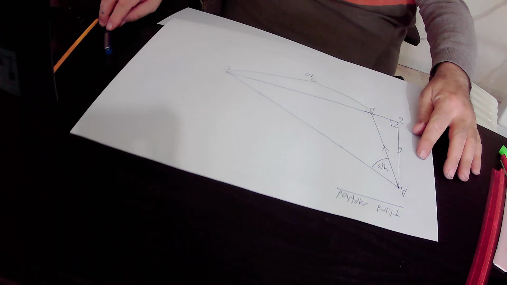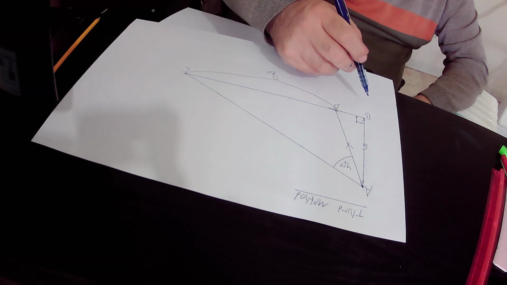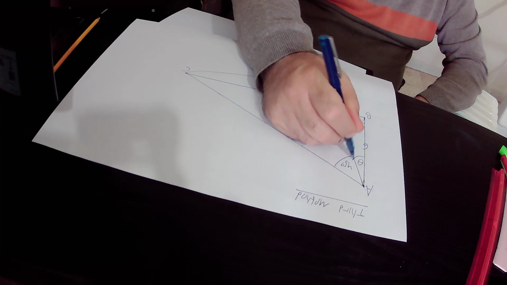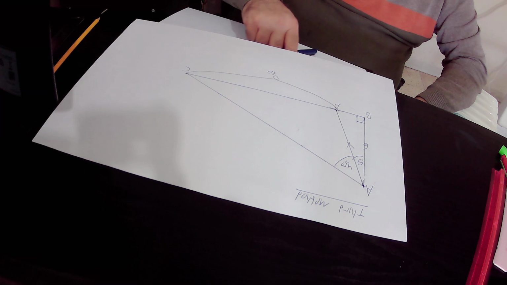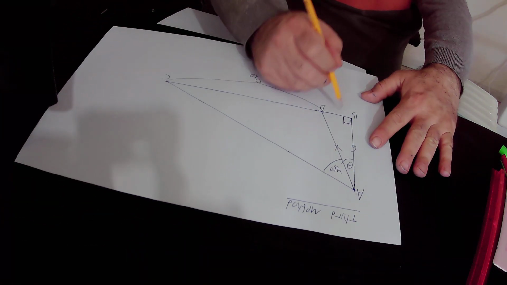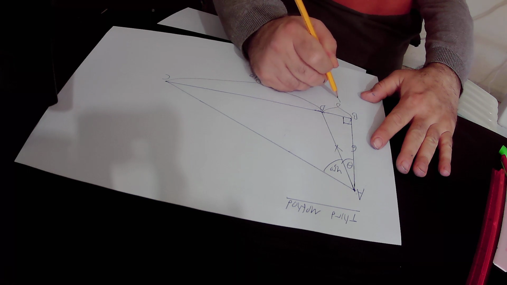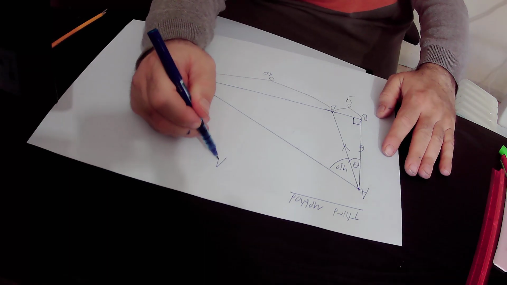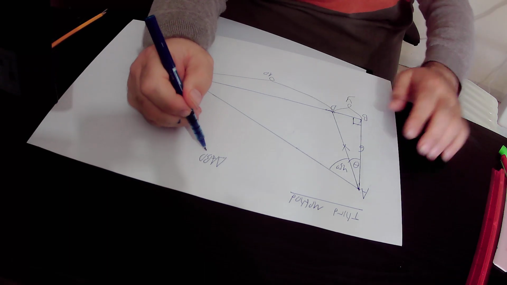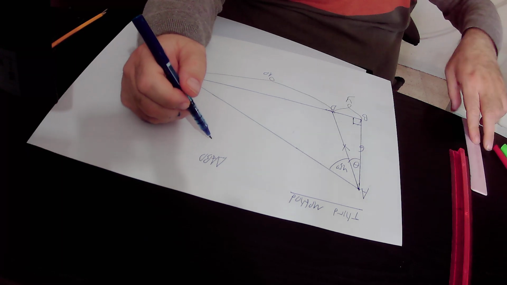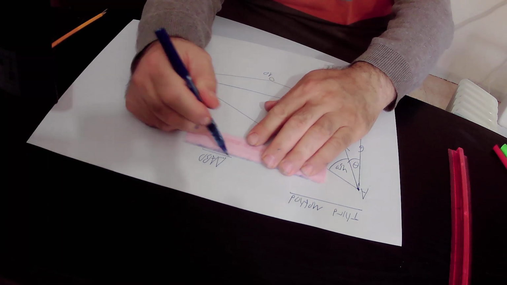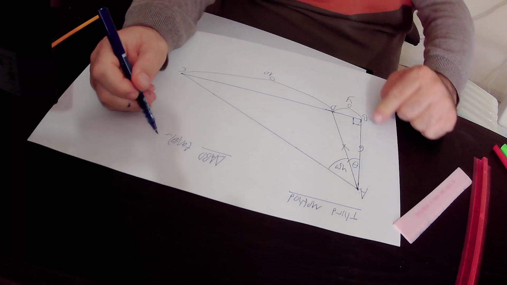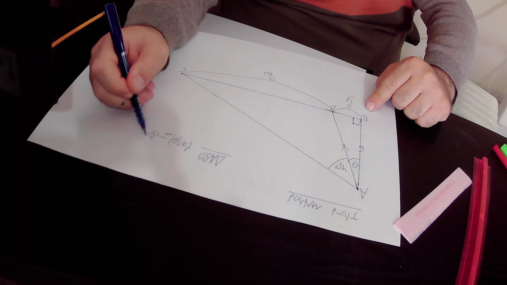According to the third method, here we'll define angle BAD, this angle, as theta, and we'll define BD as Y. So in the right triangle, triangle ABD, here tangent theta equals BD over AB.